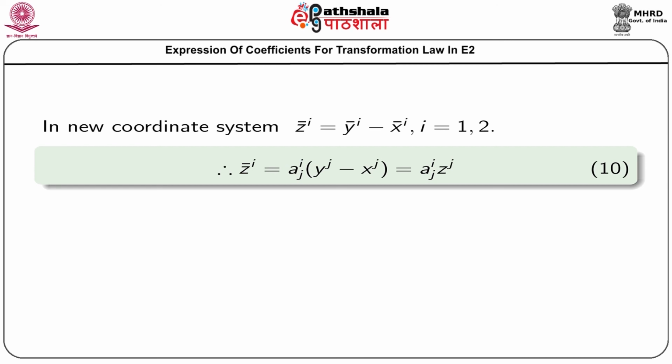So, this can be expressed in the form z̄^i equals a^i_j (y^j minus x^j), and which can be expressed as a^i_j z^j.